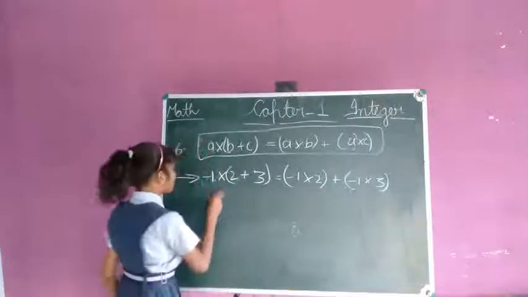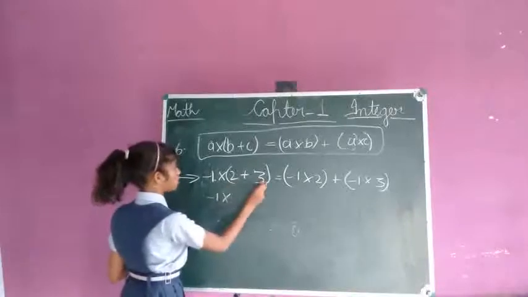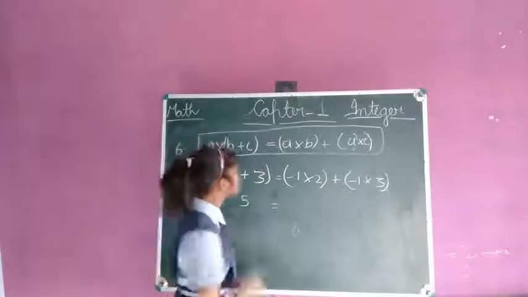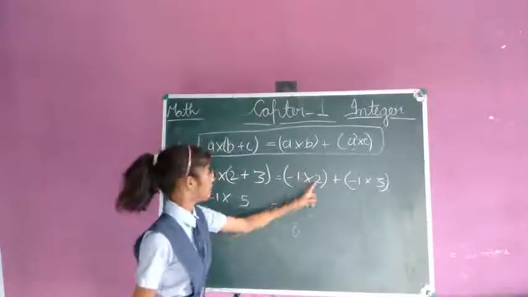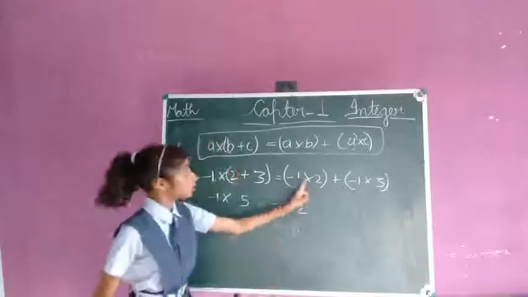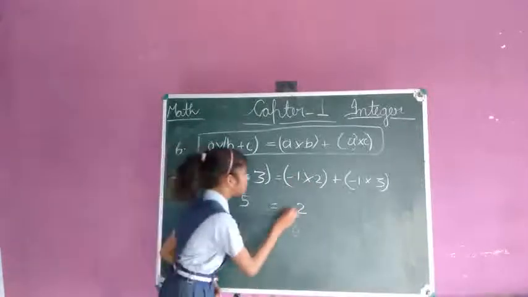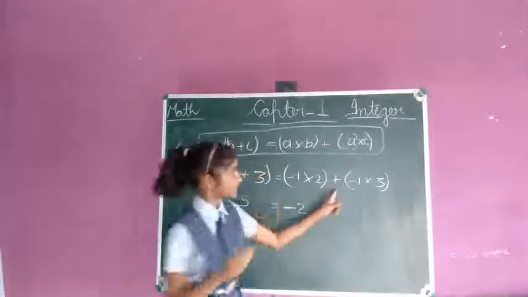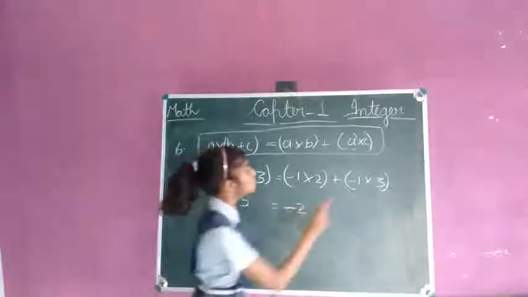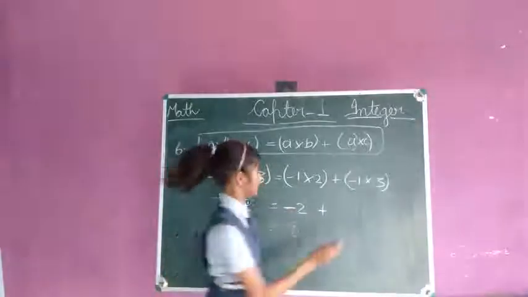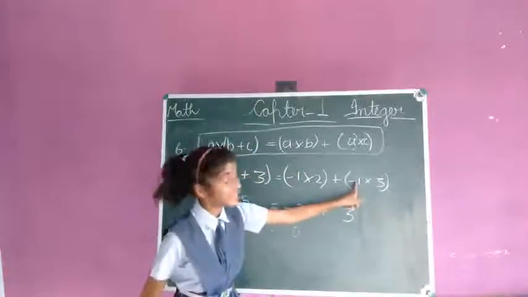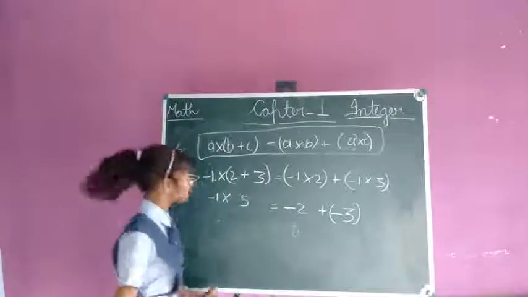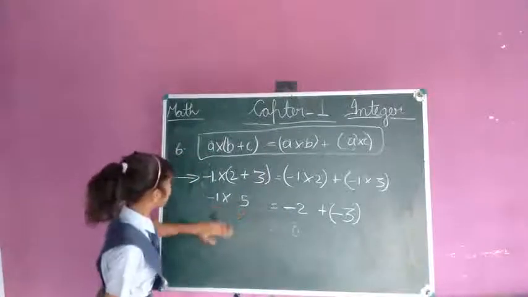Okay? -1 into, we will solve the bracket, 2 plus 3 equals 5. Equals, we will solve this bracket, 1 2s are 2. There are two opposite signs, so we will use a negative sign here. Then here addition, we will solve this bracket now. So 1 3s are 3. Opposite signs are here, so we will use a negative sign with the bracket. Correct? Now here it is -1 into 5.